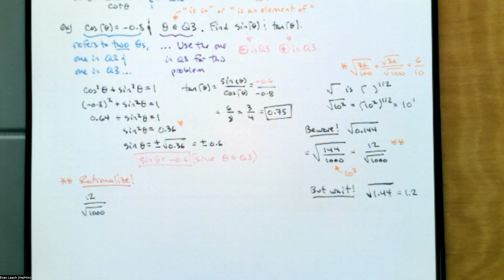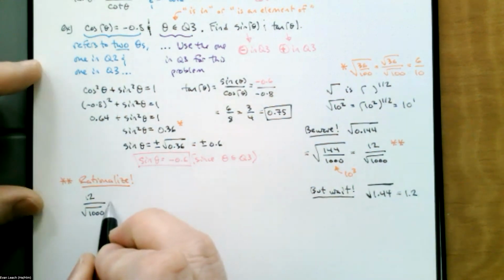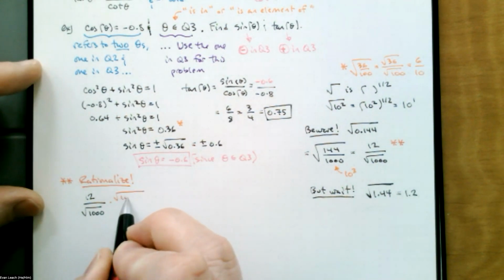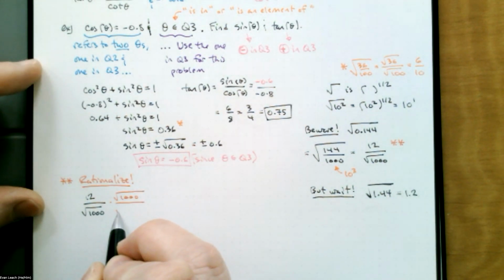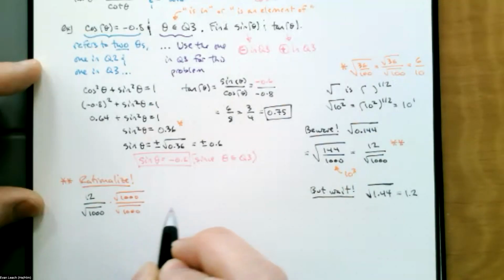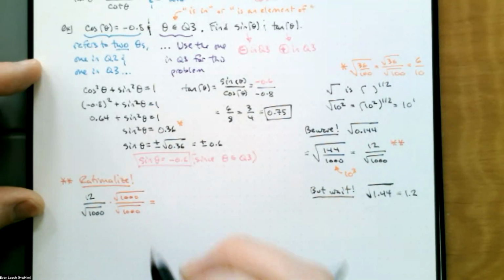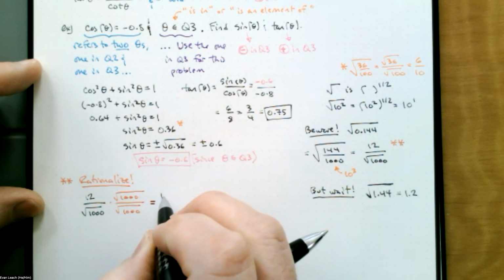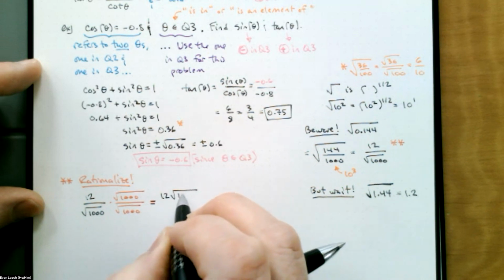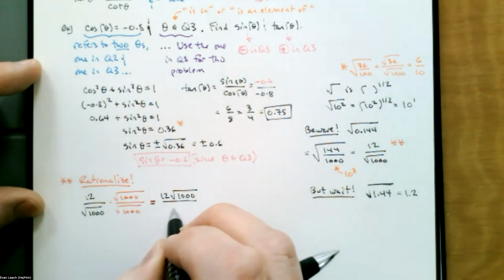I can multiply by the square root of 1,000 over the square root of 1,000. And that'll give us 12 times the square root of 1,000 divided by 1,000.